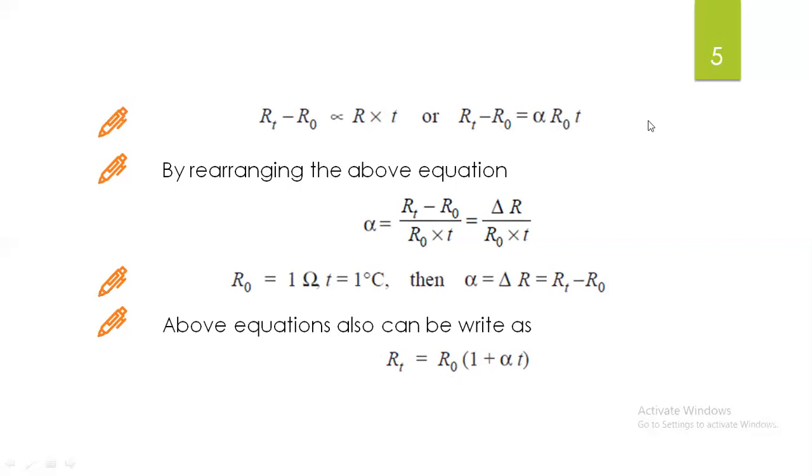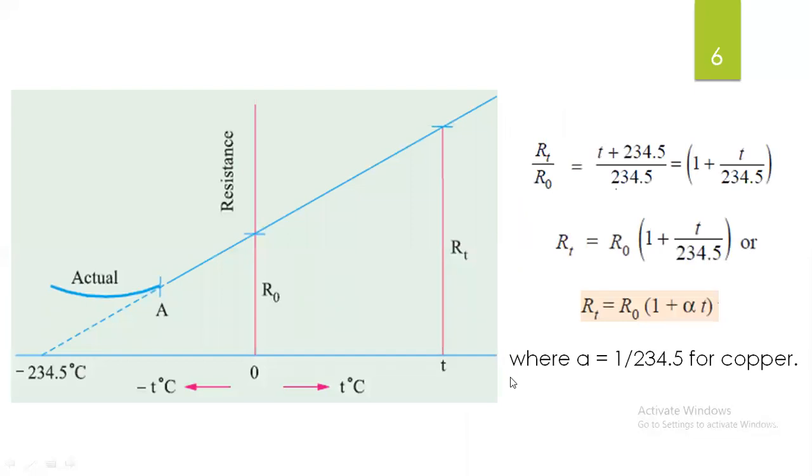Keeping R0 common, you get 1 plus alpha T in bracket and R0 outside. So RT equals R0 into 1 plus alpha T. Hence, the temperature coefficient of a material may be defined as the increase in resistance per ohm of original resistance per degree Celsius rise in temperature.